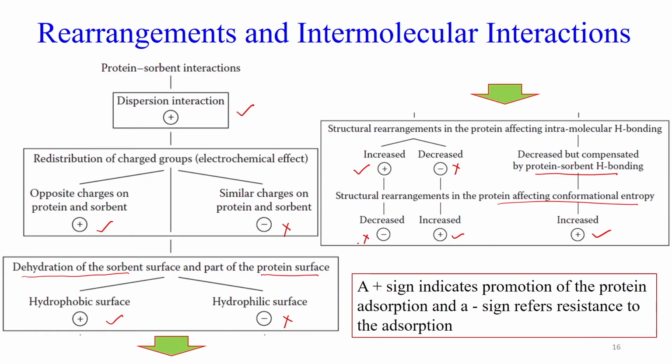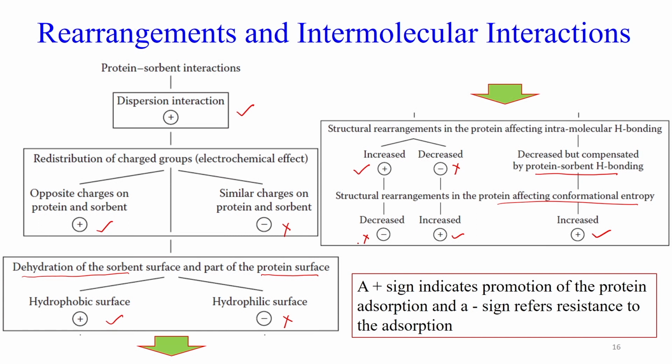Then there is a structural rearrangement depending on the making and breaking of hydrogen bonds, and finally there are the entropic effects, or the conformational entropy. These intermolecular interactions and rearrangements will finally decide what the adsorbed amount is and what the conformation of the adsorbed protein is.